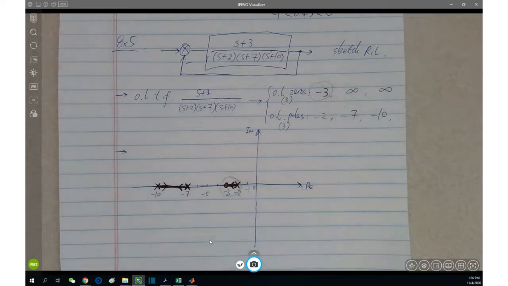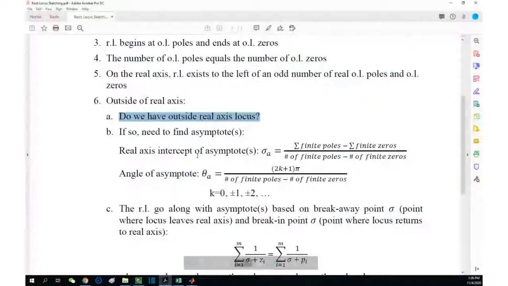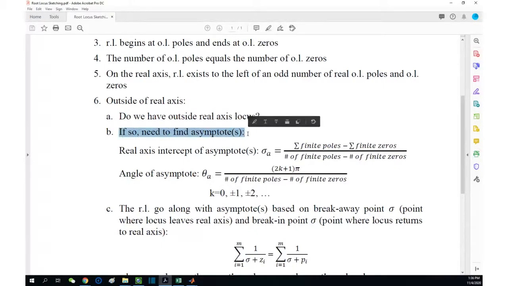So the answer to this 6A is yes, we do have outside real axis locus. And therefore, we need to go ahead and find the asymptotes. We need asymptotes, following these two formulas. One is looking for the intersection point with the real axis.